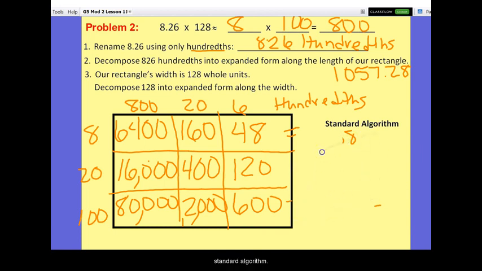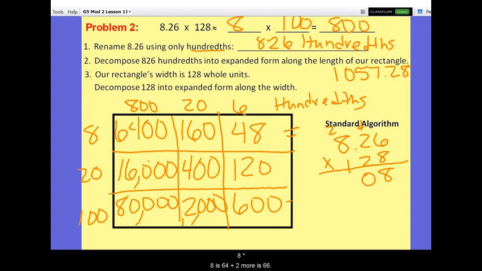Okay, so I'm going to erase this area model so that we'll have some room to do our standard algorithm. And I'm going to work that right here. I'm going to have 8 and 26 hundredths times 128. Start out with my ones place, and I have 6 times 8 is 48. 8 times 2 is 16, plus 4 more is 20. 8 times 8 is 64, plus 2 more is 66.